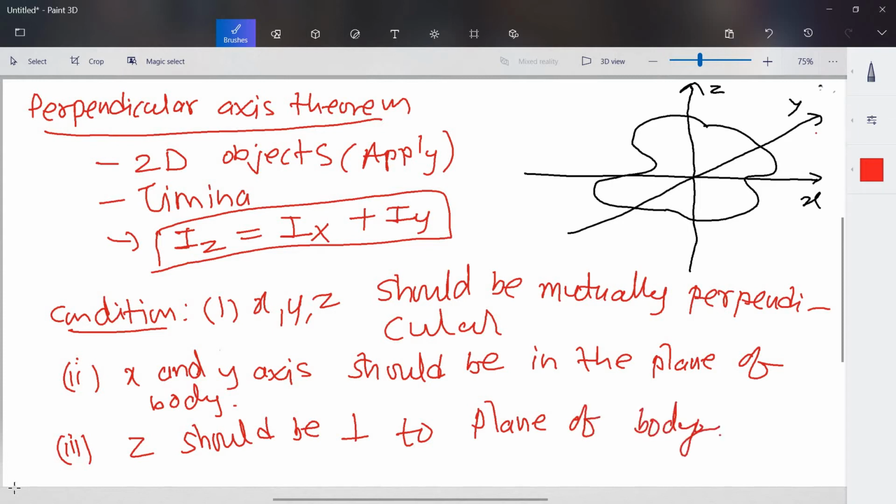So these three things are very important to understand the perpendicular axis theorem.